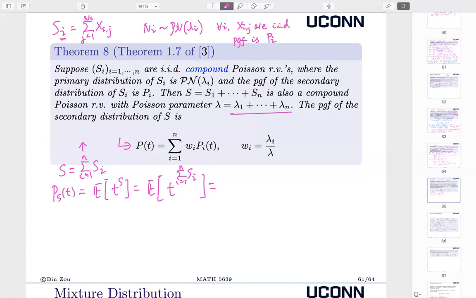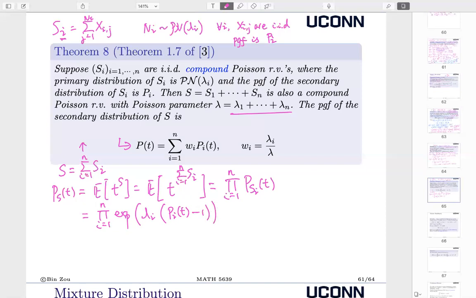Because all those Si's are independent, eventually they become a product, and obviously that is the probability generating function of each one. Because it's in compound form and the primary distribution is Poisson, I know this is exponential of lambda i times each individual PGF minus 1.